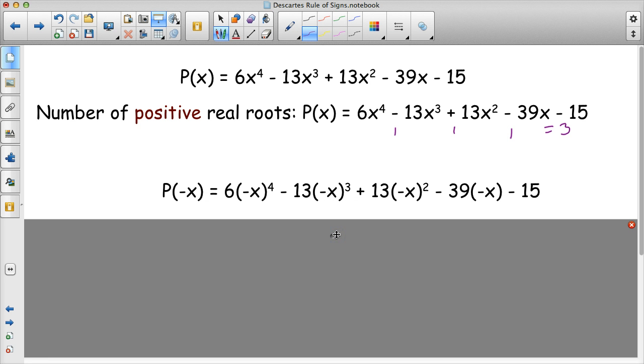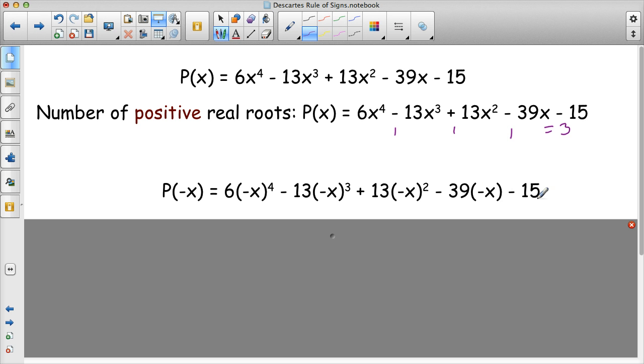Okay, but then there was something about this negative x. P of negative x, well, remember we said that that means we're going to replace every x in our polynomial with a negative x. So we have 6 times negative x to the 4 minus 13 times negative x cubed plus 13 times negative x squared minus 39 times negative x minus 15.